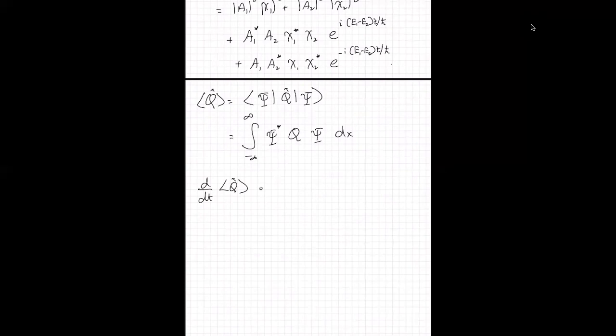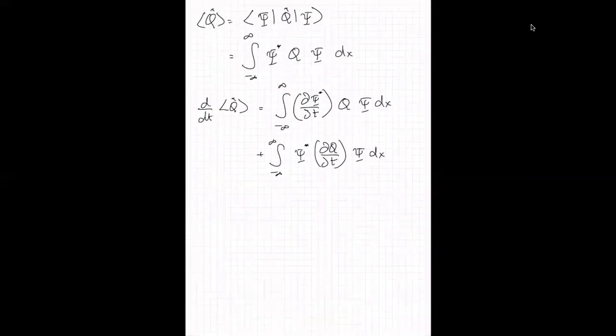So I have three terms on the right hand side: the integral from minus infinity to infinity of d psi star/dt q psi dx, plus the integral of psi star dq/dt psi dx, plus the integral of psi star q d psi/dt dx. Notice that I'm using partial derivatives inside because capital Psi is a function of both x and time, and I'm only taking the derivative with respect to time.